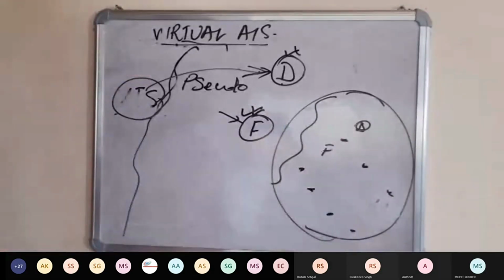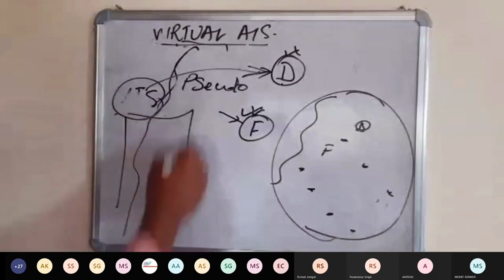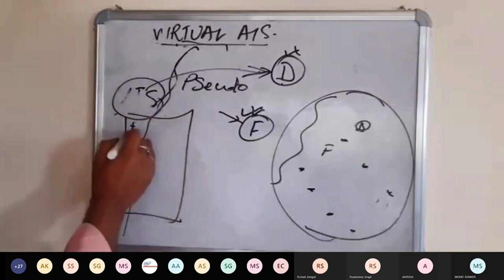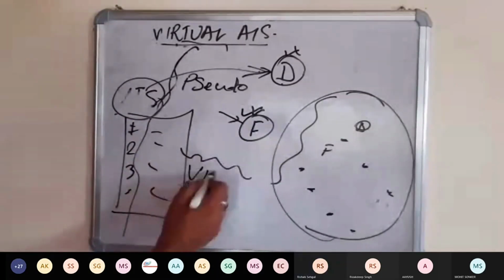You are also getting this picture because there is nothing, but it is being transmitted as buoy number 1, 2, 3, 4 by the VTS as virtual AIS.